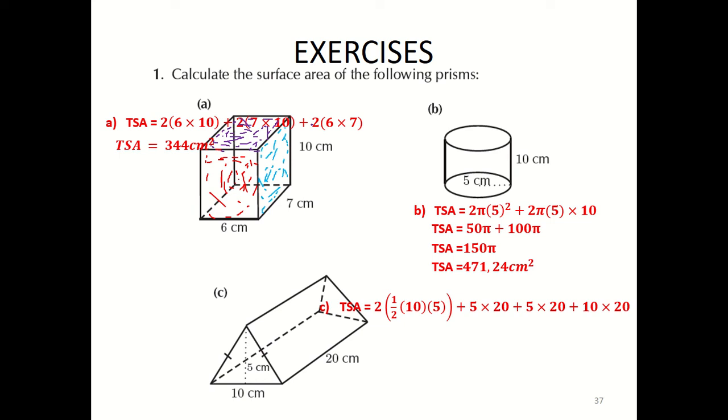Remember, a triangular prism will have 3 rectangular sides. Hence, I simply calculated the areas of those 3 rectangular sides. I started with this side here, which is 5 times 20, and then I went to that side.